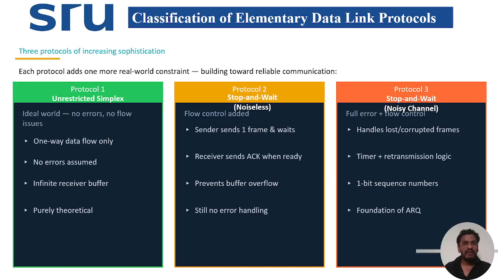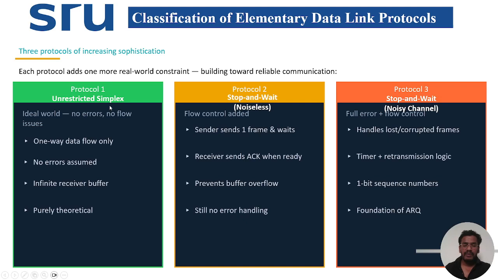Here we will discuss the classification of elementary data link protocols. There are three categories. First we need to understand the role of each protocol: each protocol adds one more real world constraint, building towards reliable communication.